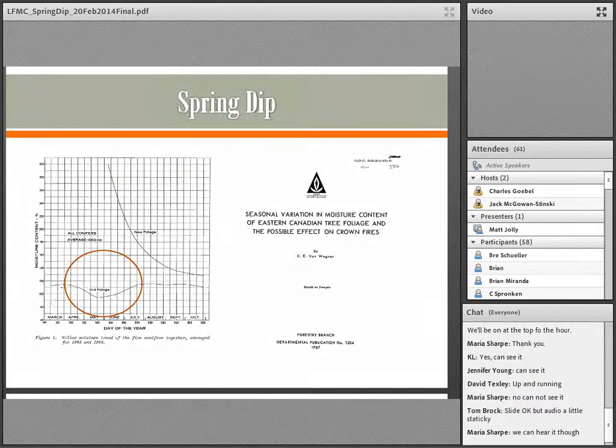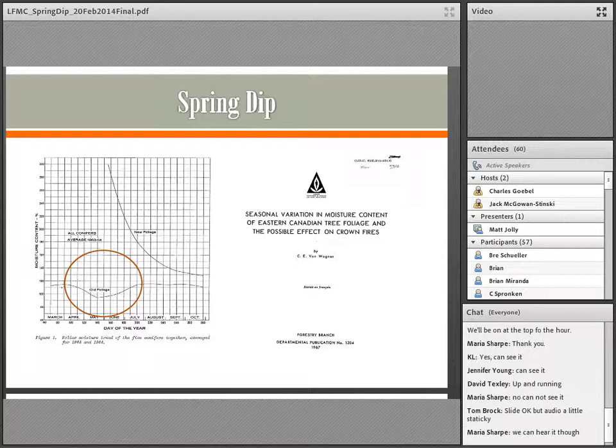The spring dip was first described by Van Wagner in 1967 in a publication. Possible that someone else described it earlier, but this is kind of the seminal publication, and a link to this was published on the website just to give you the background. But basically what it shows is that during the springtime, the foliar moisture content of old needles, or previous year's needles, dips generally pretty substantially, actually, as much as 25% over the course of a few weeks, and then recovers again.